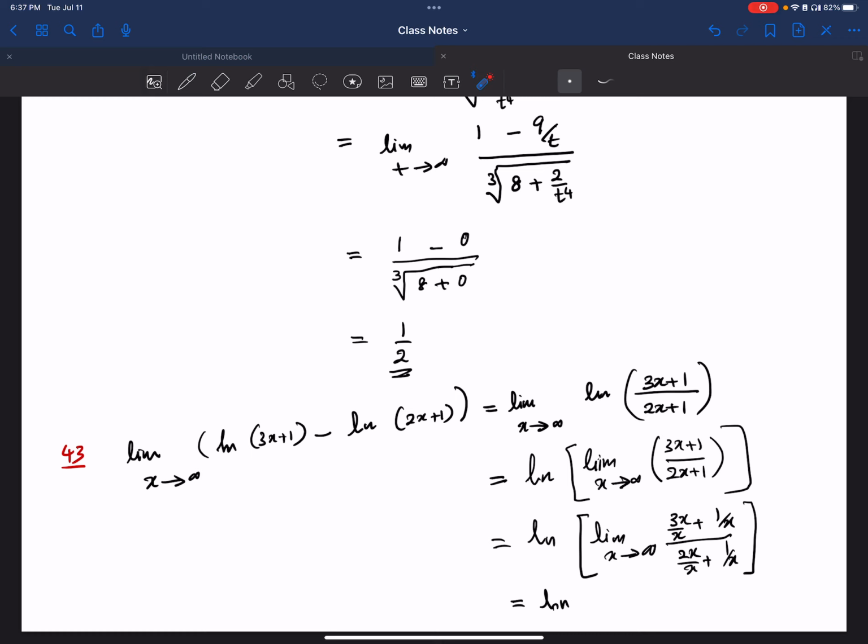This term goes to zero, this term goes to zero, this is 3, and this is 2. So you have natural log of 3 over 2.